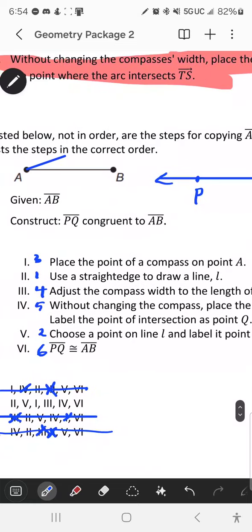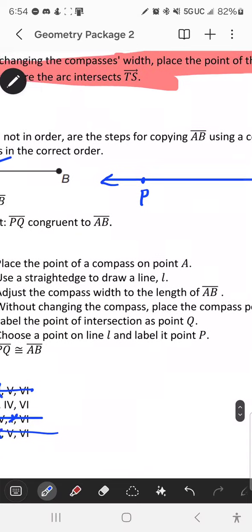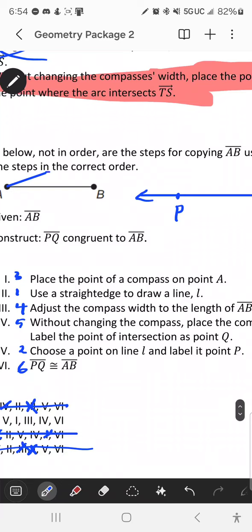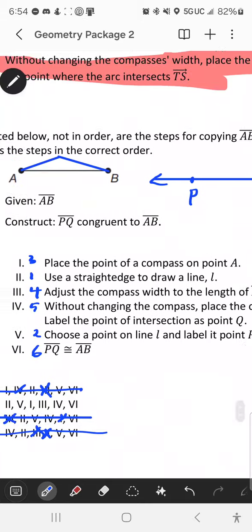Adjust the compass width to the length of AB. So I'm going to adjust the compass width like this. Okay, perfect.